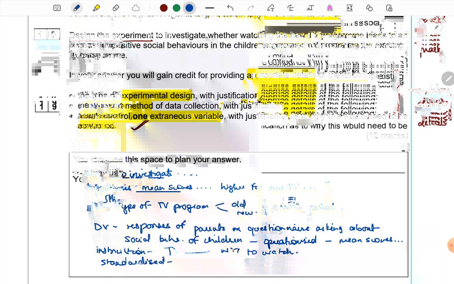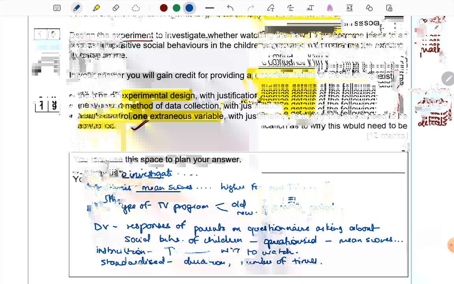So we have two different groups. How we can standardize their procedures is we can instruct them to watch television for the same duration every day. So regardless of which program they are watching, they should be watching it for the same duration, the same number of times in a week, for example, or in a day, something like that.